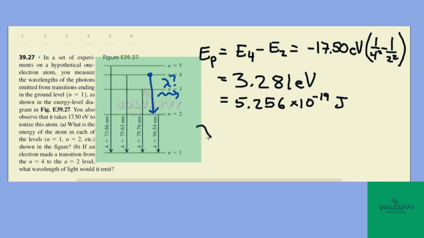And then we can easily find the wavelength as we did before, with lambda equal to Planck's constant times the speed of light divided by this energy in joules.